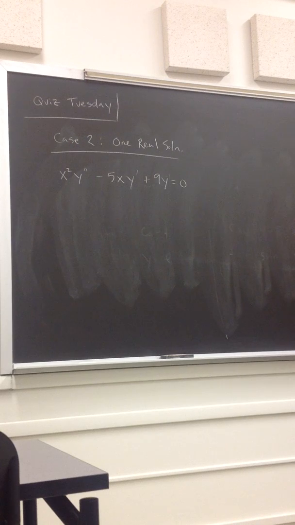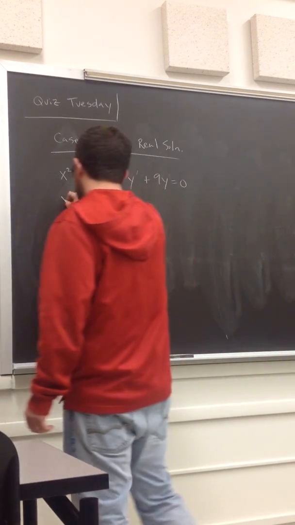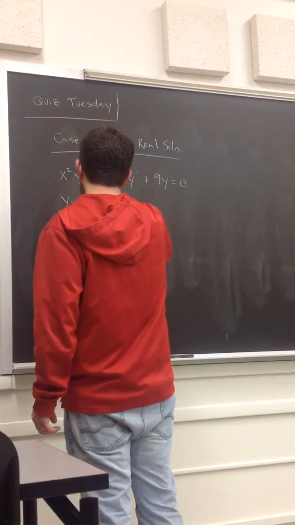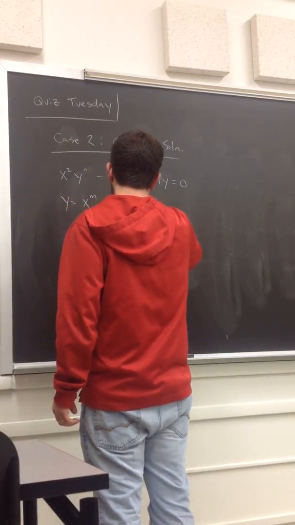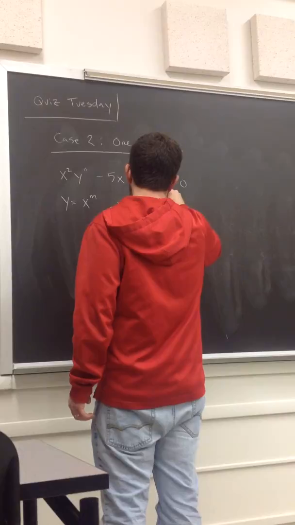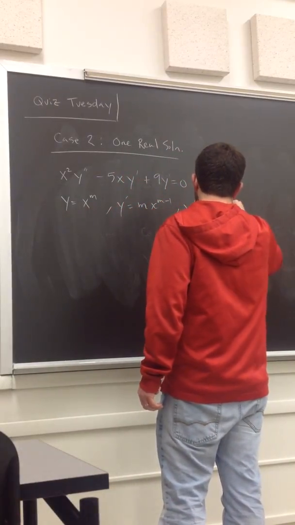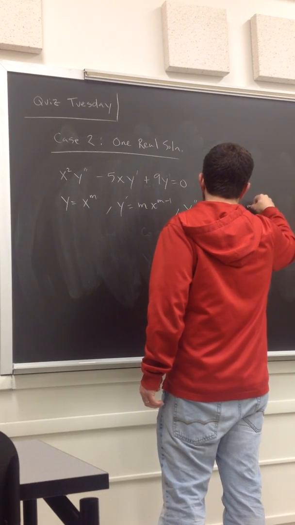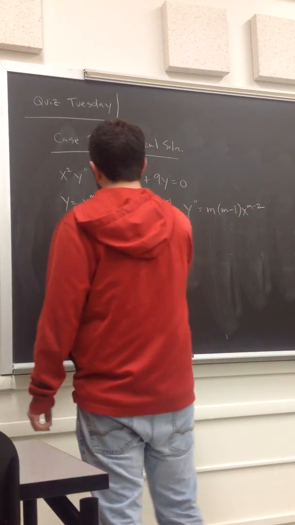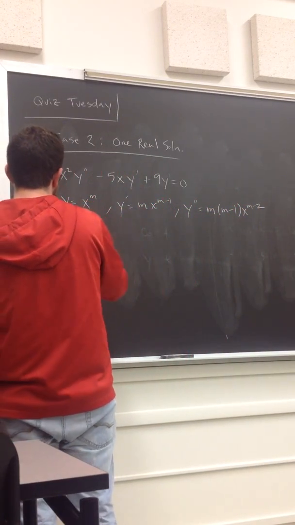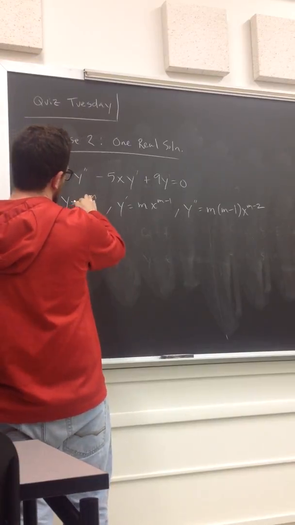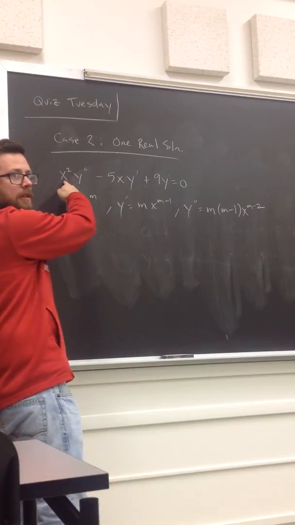Okay, so same trial solution, y equals x to the n. With the substitution, the same thing will happen, right? These are all going to be x to the n.